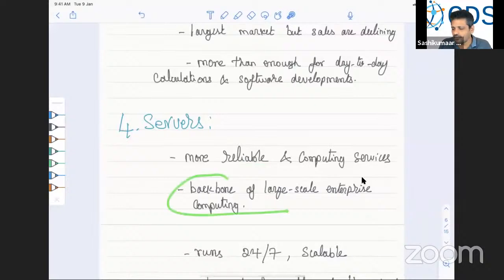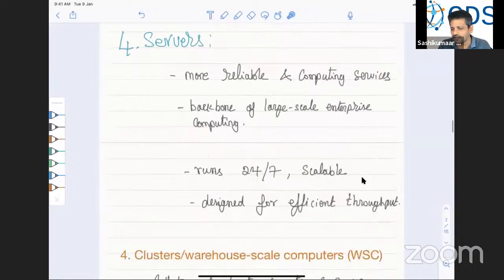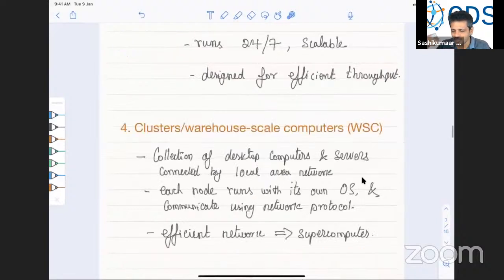It's the backbone of large-scale enterprise computing. Almost all labs run them, and when you talk about servers, they have to run 24/7, but that is not the case with desktops. They are designed for efficient throughput. We will see what throughput, latency and bandwidth are, probably in the next class in detail.